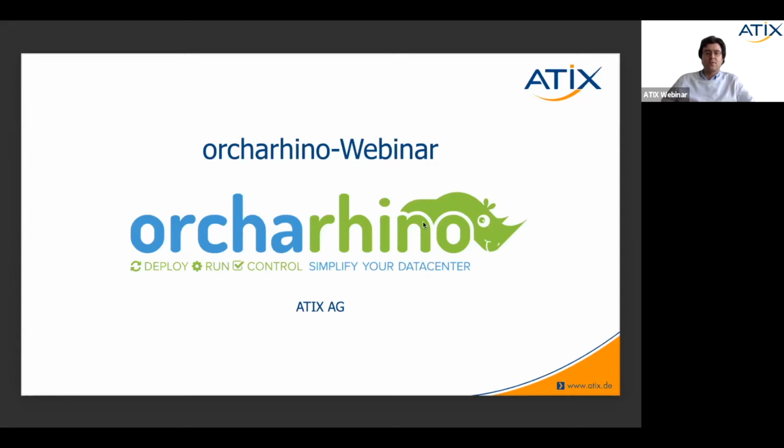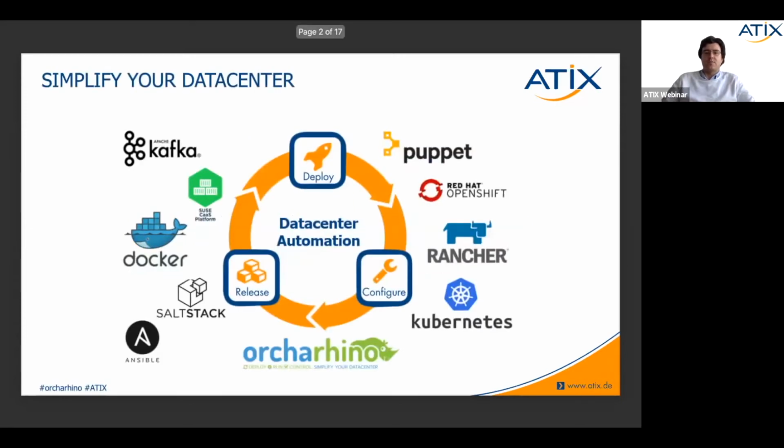So first of all, who are we at ADEX and what is our goal? So our main goal is to make life easier in data centers. So basically this means automation. Central to that, of course, orcharhino to administrate servers and virtual machines. But we do not only do virtual machines, we also do container infrastructures, for example, Apache Kafka, SUSE CaaS platform, Docker.